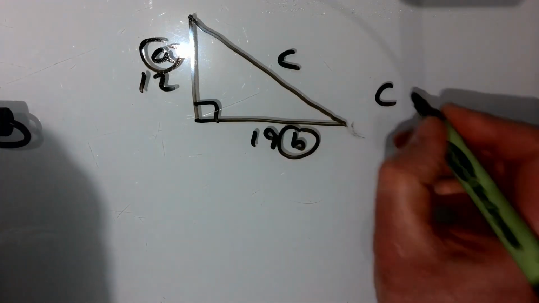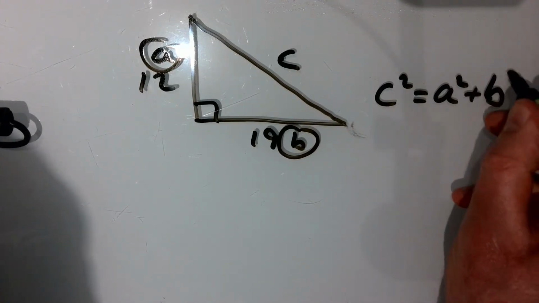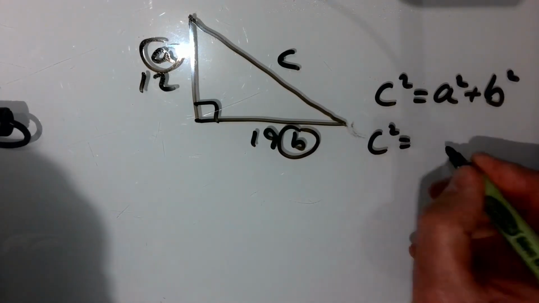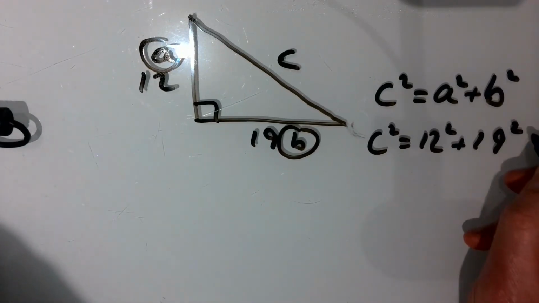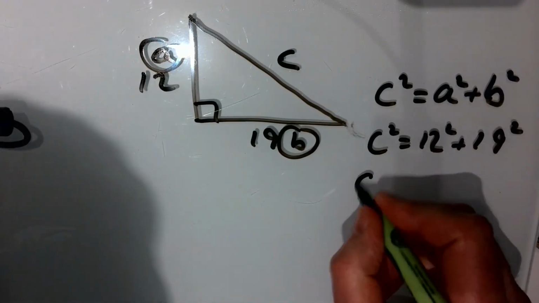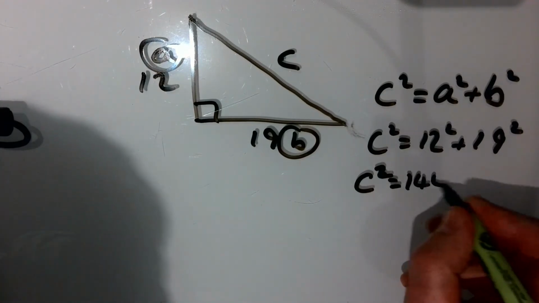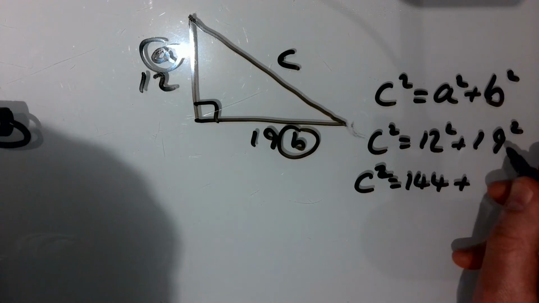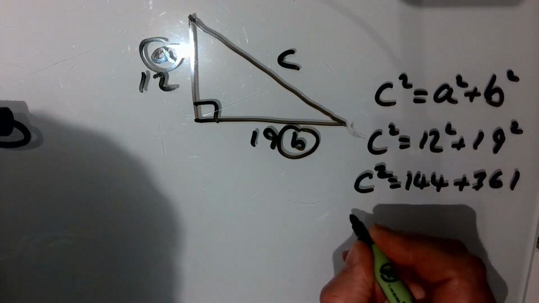Our formula as ever, C squared equals A squared plus B squared. C squared equals 12 squared plus 19 squared. C squared equals 144 plus 19 squared. 19 times 19 gives you 361.